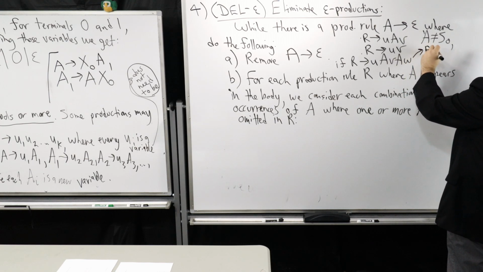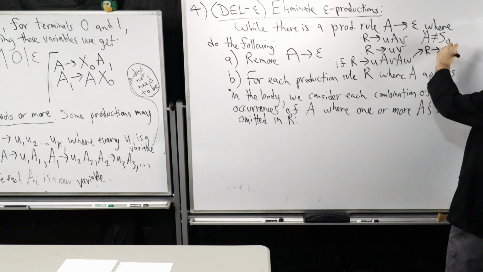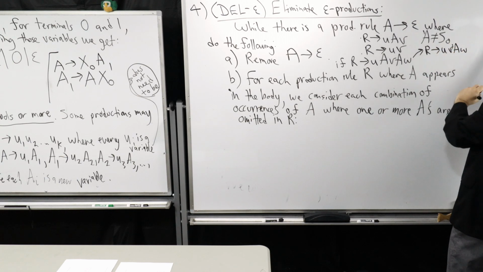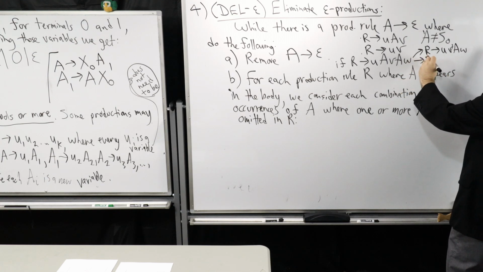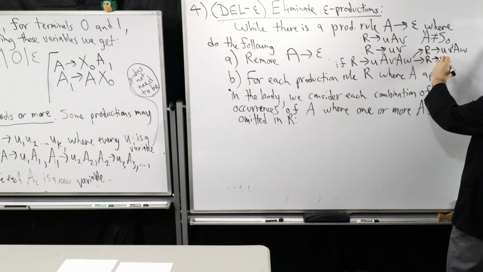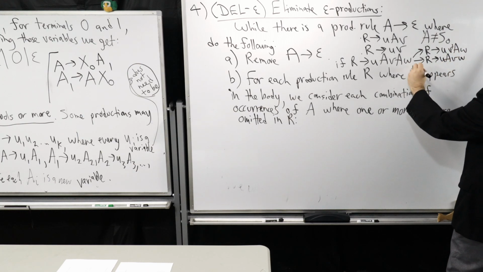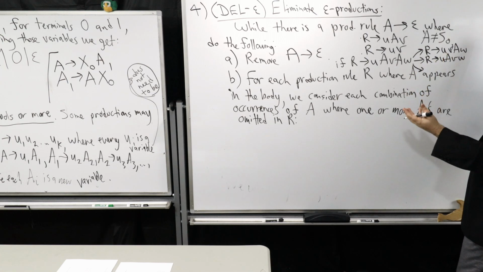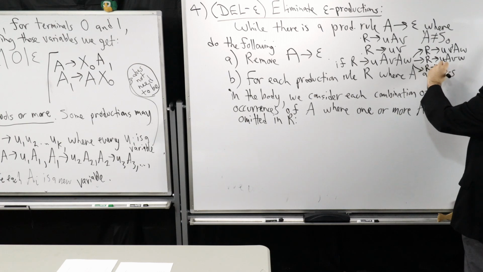You would add R where this first A doesn't appear, so you would have U V A W. Then you would consider when this A isn't appearing, so you would add this rule. So you would have U A V W. And then you would add a third one for when both A's don't appear. So that's what I mean by combinations of occurrences.